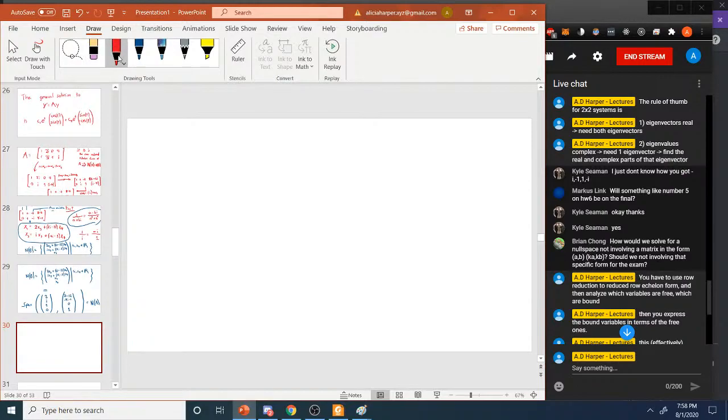Let A be equal to, say, 1, 2, 3, 0, 1, 1, 1. And let's let B be the vector 1, 0, 1, 0.